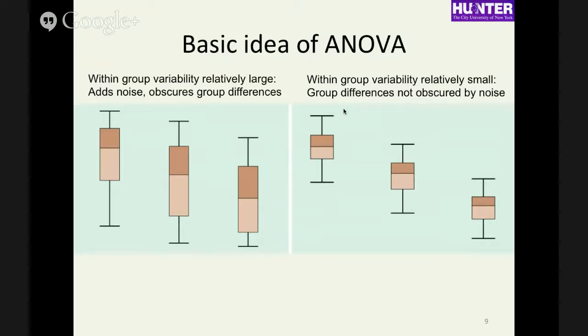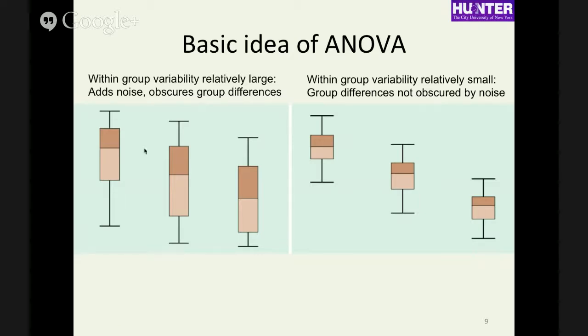So here's another picture of this basic idea of ANOVA. On the left here, we've got some difference between the groups, but a fairly big difference within the groups. And that difference within the groups kind of obscures the differences between the groups.